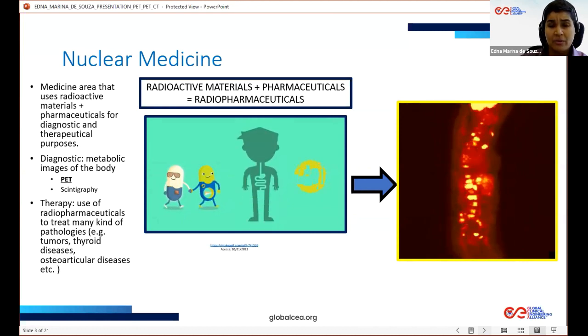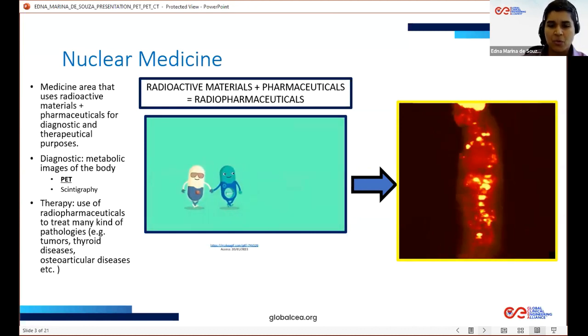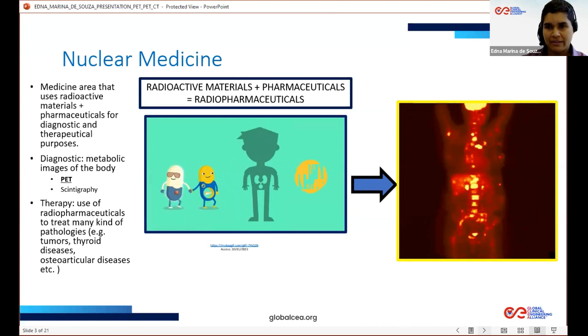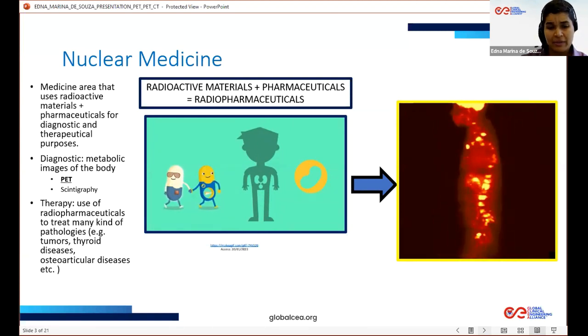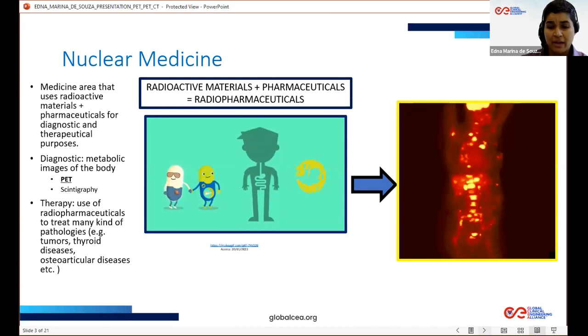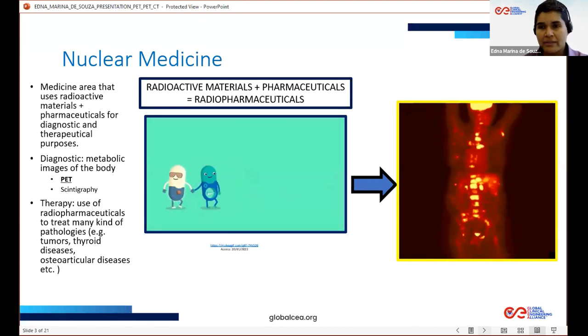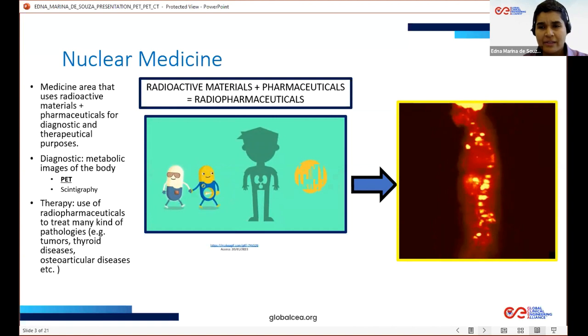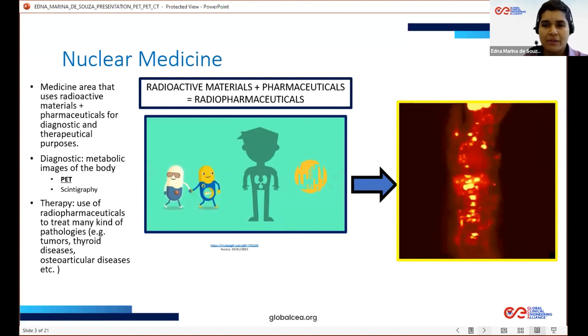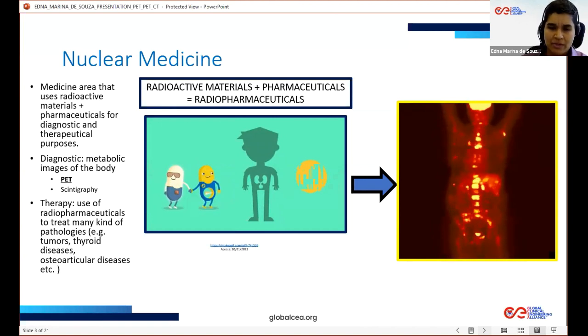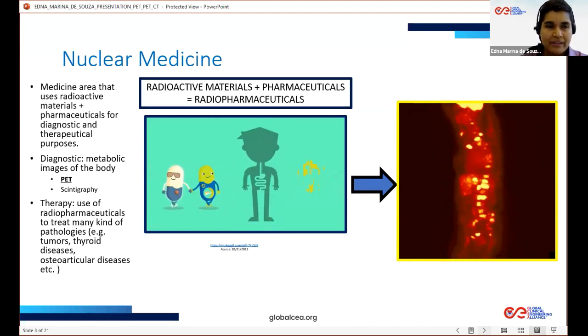Then the radioactive emission from radionuclides can be detected by imaging scanners to create a metabolic image of the body, as you can see on the right, highlighting the main points of uptake of the radiotracer. Next, please.